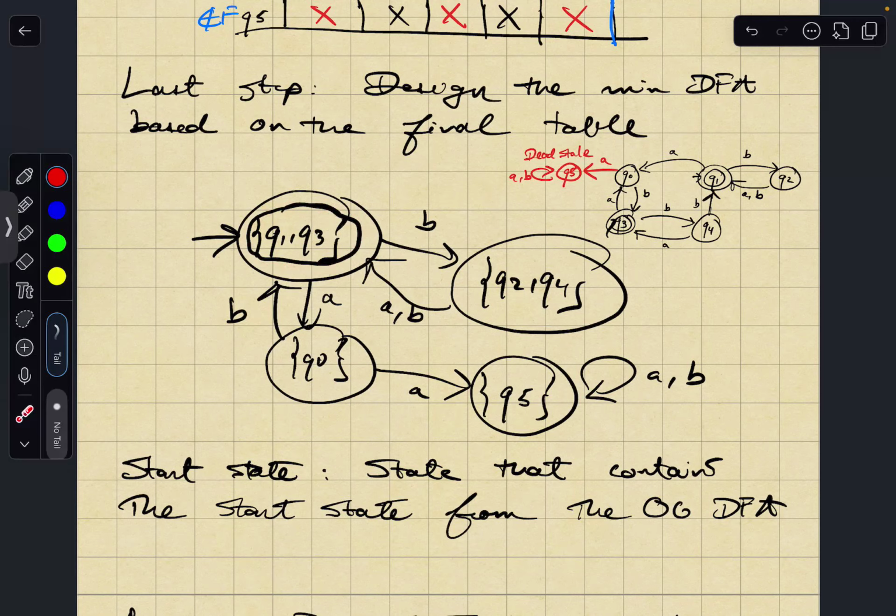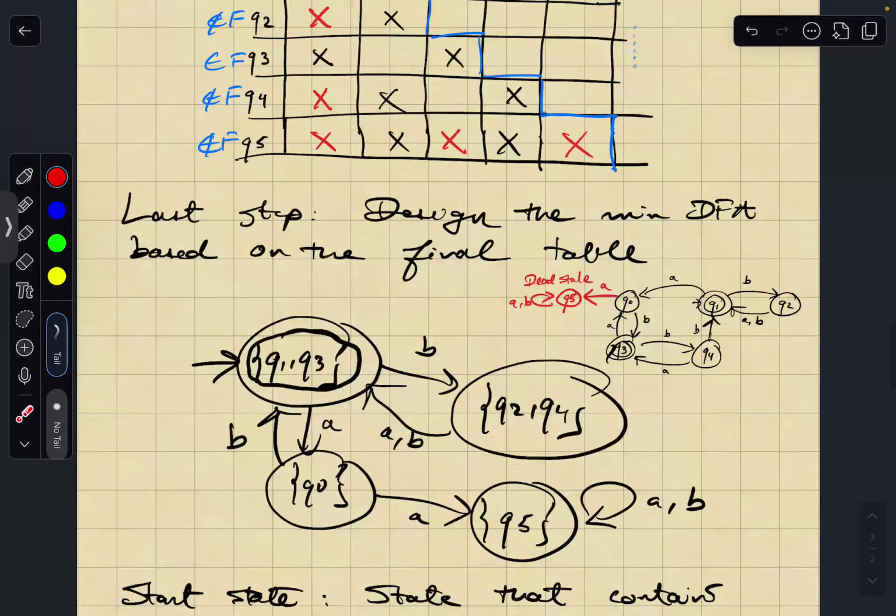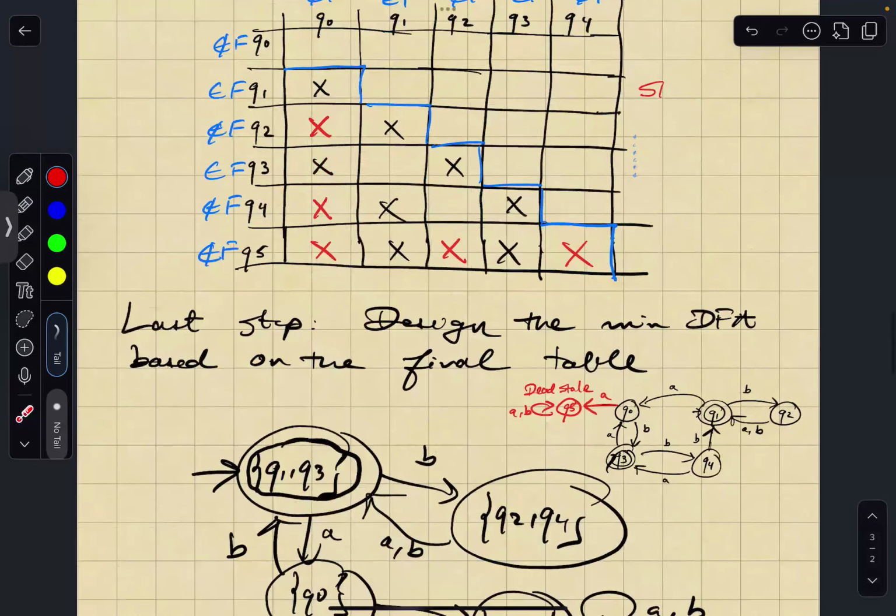One thing that's impossible in the minimization algorithm is for you to end up with a set of states, like Q1 and Q2, where you have an accept state and a non-accept state together in the same state, because they're initially distinguishable. Once you identify something as distinguishable, once you mark something here, it's always marked.